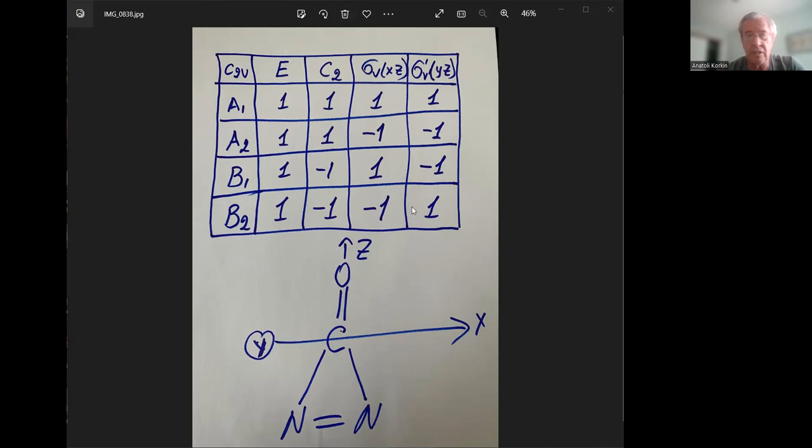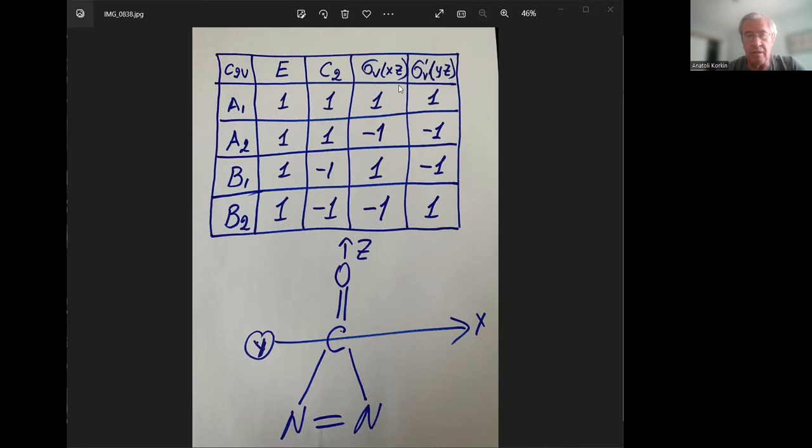This is the so-called character table for C2V symmetry. It has four symmetry elements. E is the so-called identity element, which does not do anything except keep the molecule as it is. C2 is a twofold axis, which in our case coincides with axis Z.